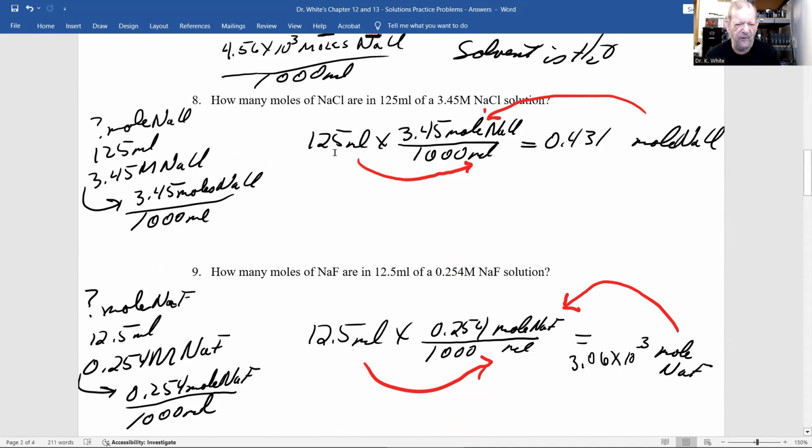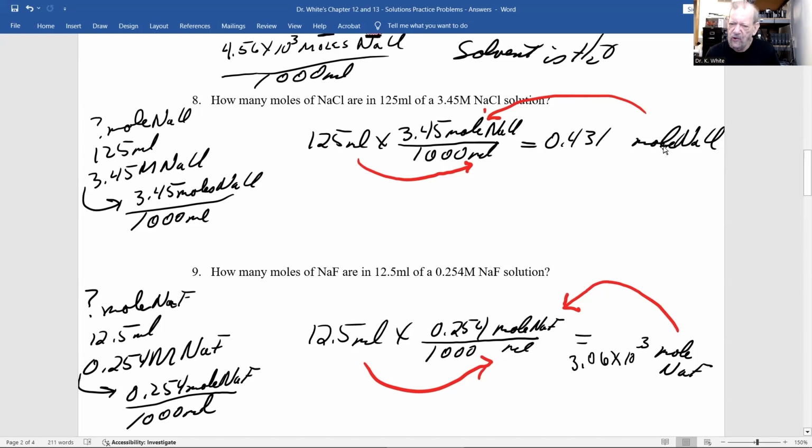Now, the only number we really have to use is 125 milliliters. We want to get to moles of sodium chloride. So it's time to use your good buddy. I haven't used this in a while. Your good friend, unit analysis. Now I feel better. All right.